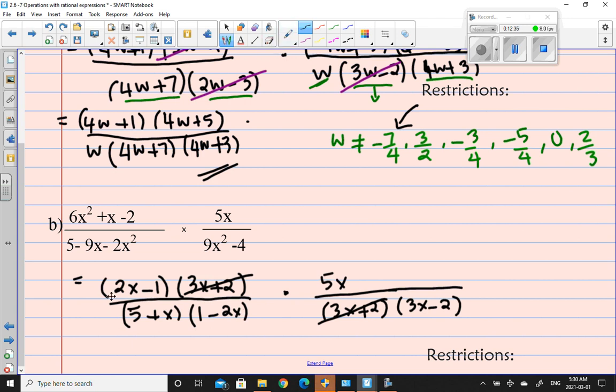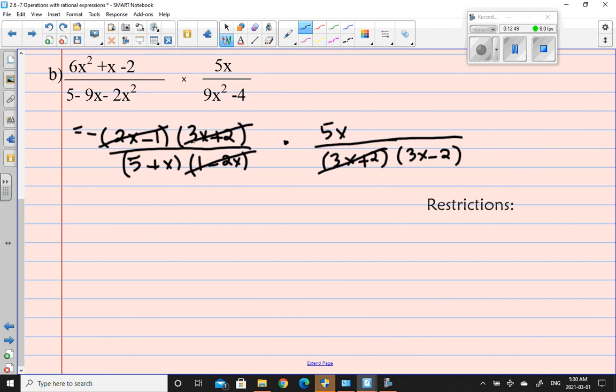So what you're going to do is cancel out this 2x minus 1 and 1 minus 2x and put a negative just to show that I have accounted for that one being the negative of the other. So in the numerator, you're left with just negative 5x.